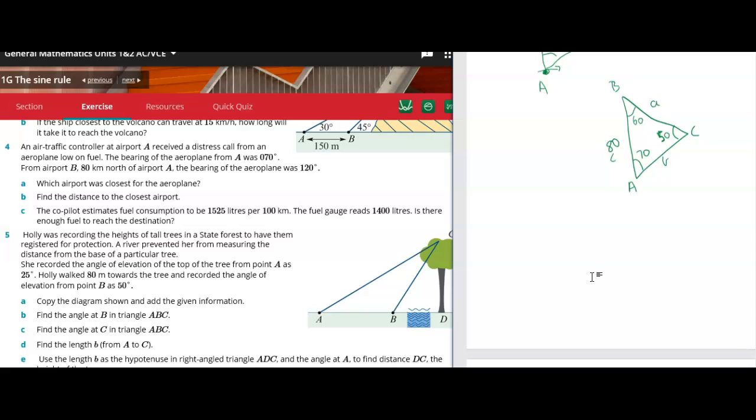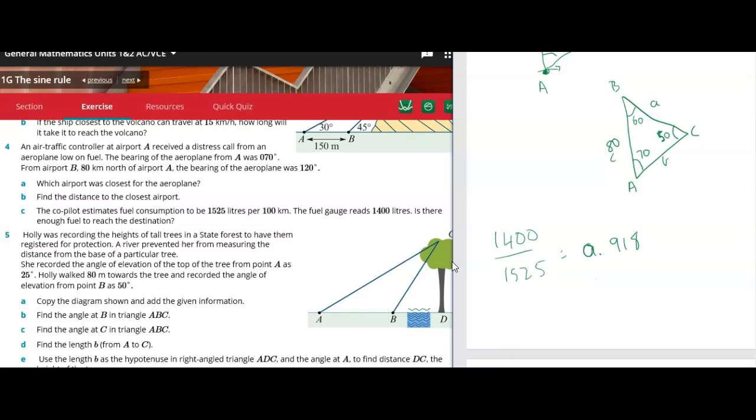So basically at 1,400 litres, if you work out what proportion that is, so if I do 1,400 over 1,525, and using my trusty calculator, which is an iPhone 6S, going on 5 years nearly, which I'm very proud of. Okay, so that's 0.918.